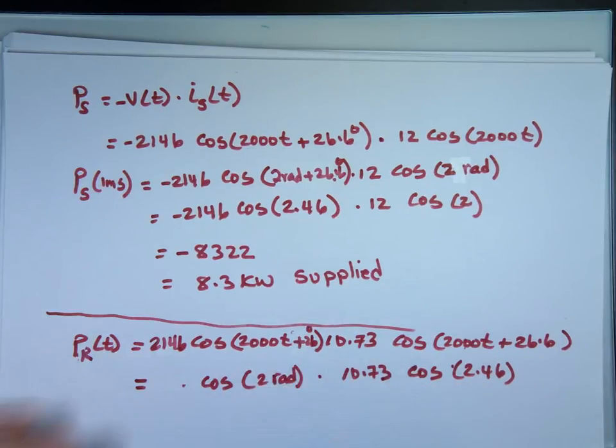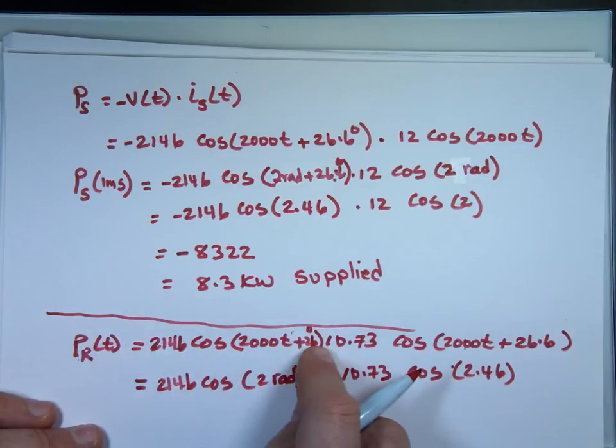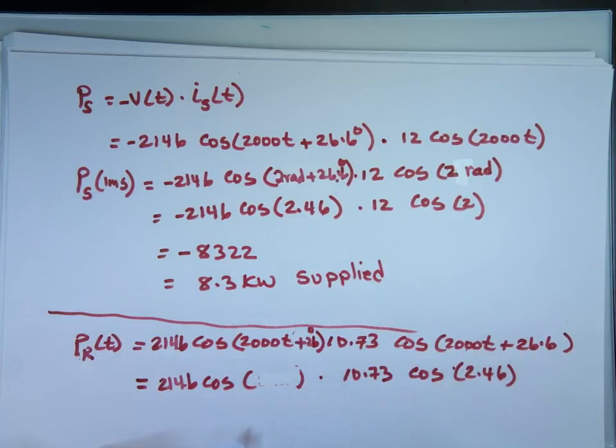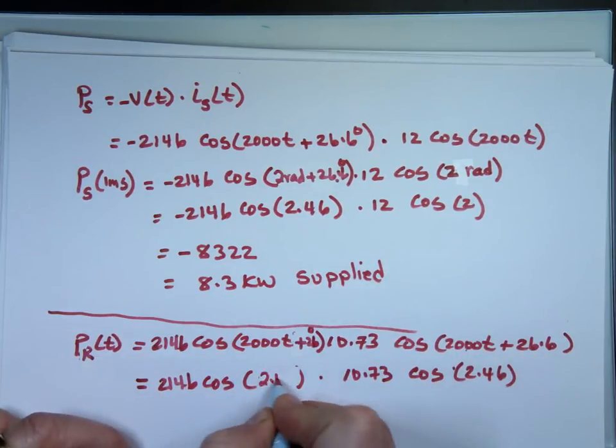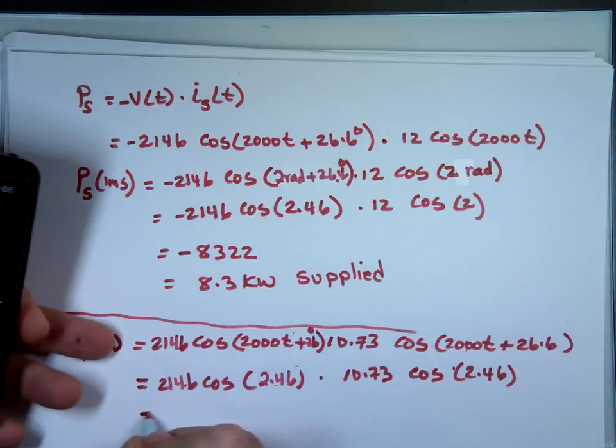So that's 2146. This is 2 radian, that's 0.46, 2.46 radian, times 10, and the current through the resistor is correct, 2.46. I just have to look at the right row.